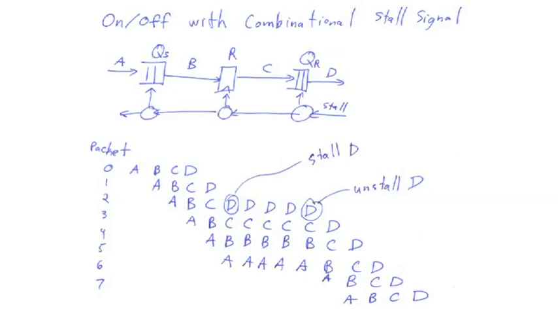Here we have a sender with a Q, Q sub sender, and Q sub R, or Q sub receiver. We've named all the points along here. Let's say in this network we have a register in between the sender and the receiver, in our link. It takes a cycle, and we pipeline the wire.